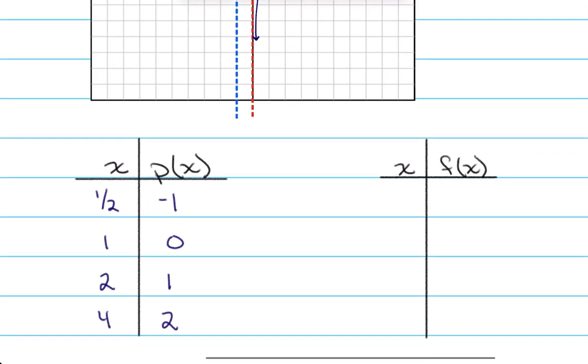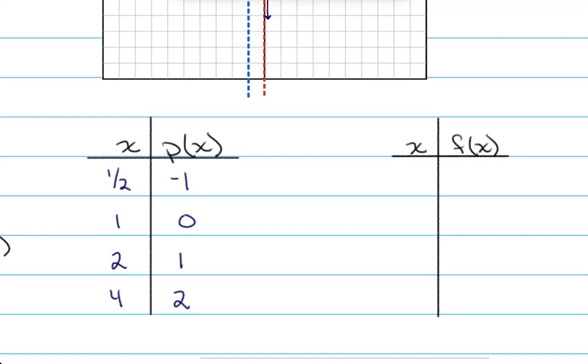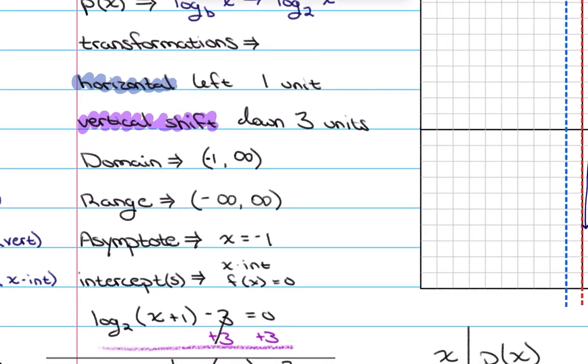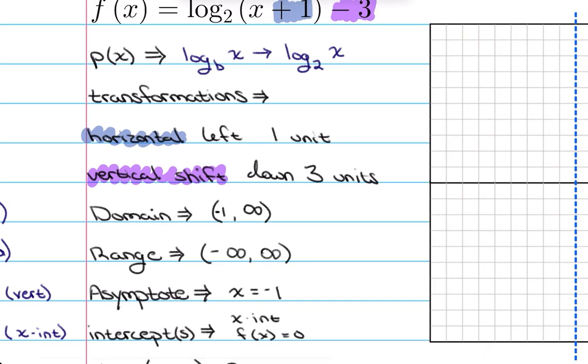All right, like I've done in the past, I gave you some values for your parent function. So I have (1/2, -1), (1, 0), (2, 1), and (4, 2). What I'm going to do is show you what those transformations do to those points. All right, so what happens to our x values? Our x values are just shifted to the left 1 unit.